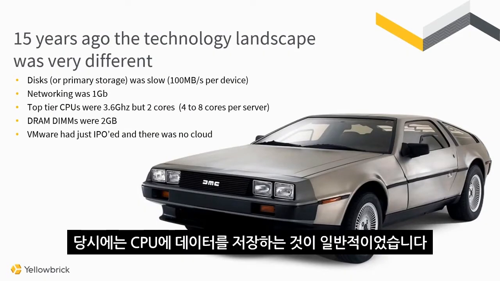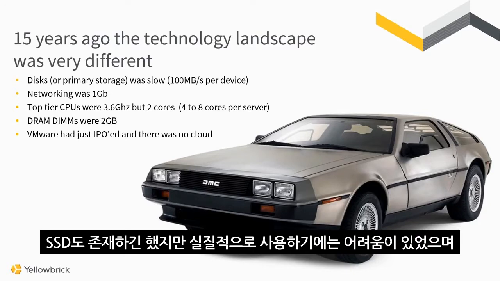If you take a look at the technology that was available at the time, you'll find that the most common way to store data in primary storage was on disk drives. Solid state was around, but wasn't really at any kind of usable scale.